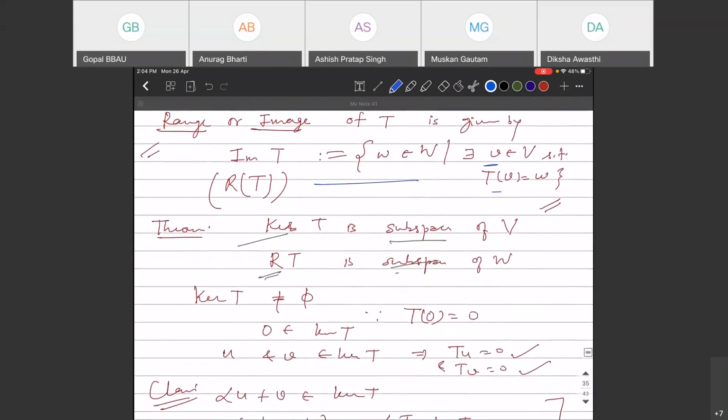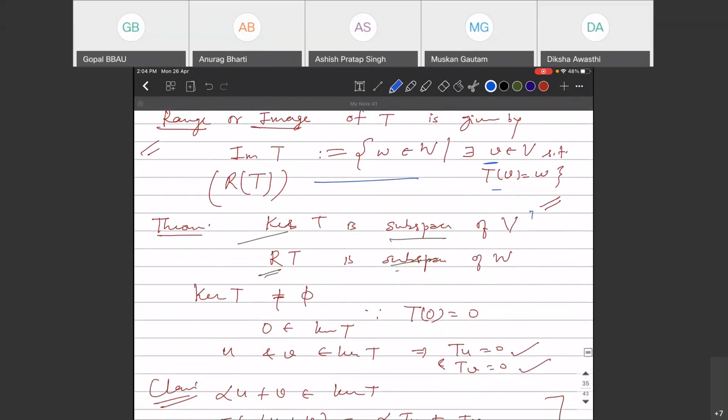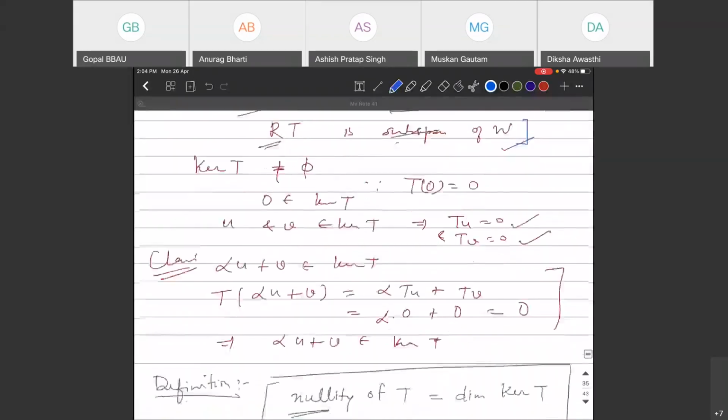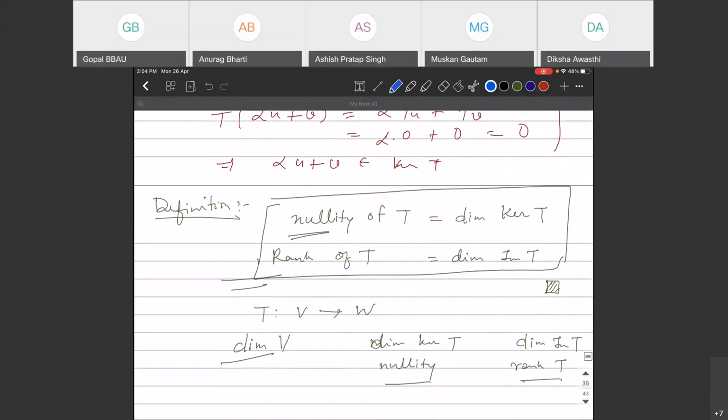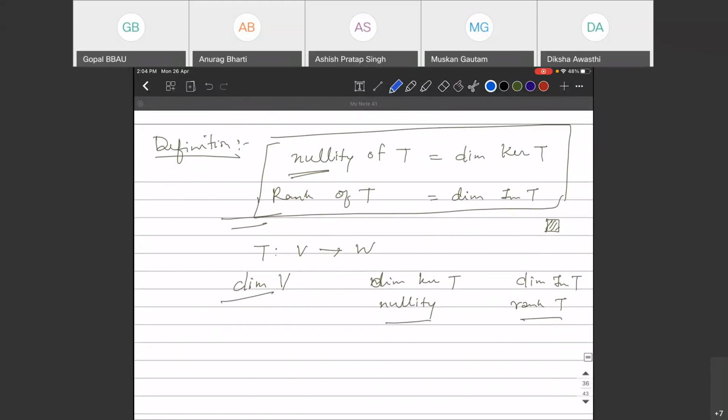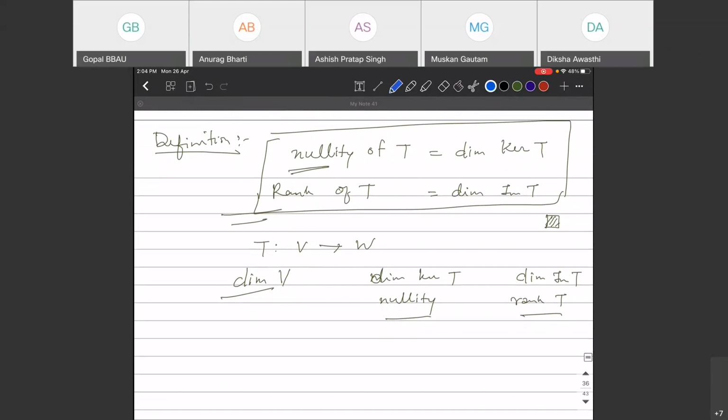So we have already seen that the kernel of T is a subspace of V and the range of T is a subspace of W. Next, the dimension of the null space of T is called the nullity of T, and the dimension of the range of T is called the rank of T. Correct?